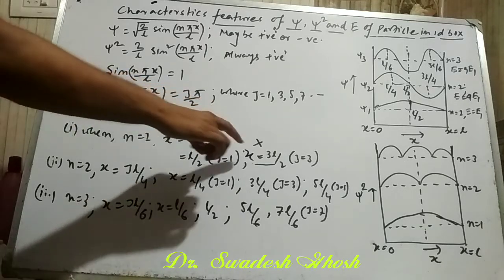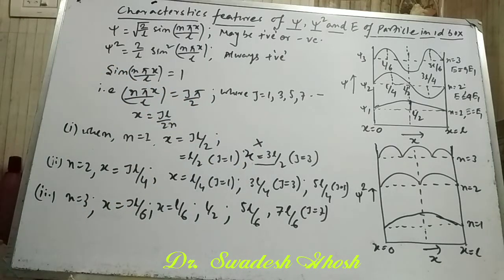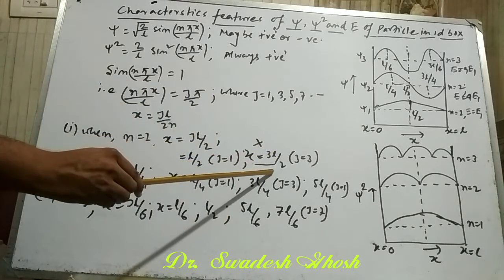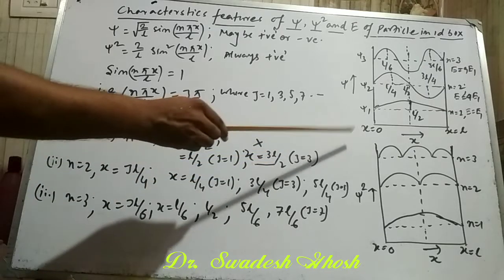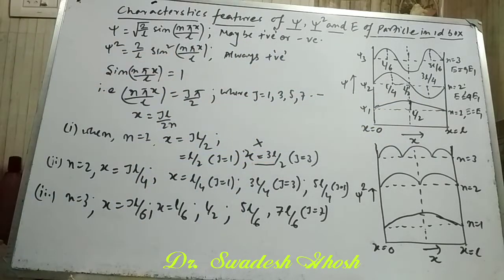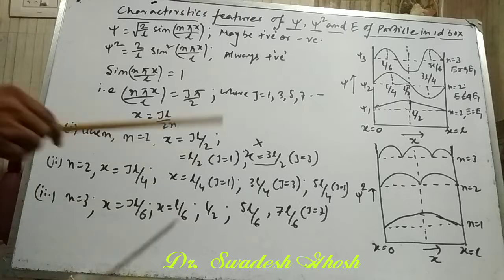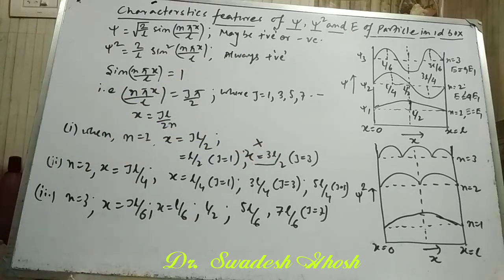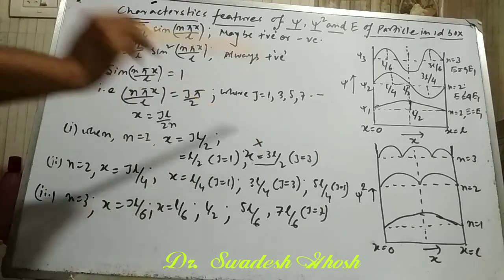This value is greater than the region 0 to L, that is, greater than x equal to L. So this value is not acceptable, because the particle moves only in the region 0 to L, and 3L by 2 is greater than L.